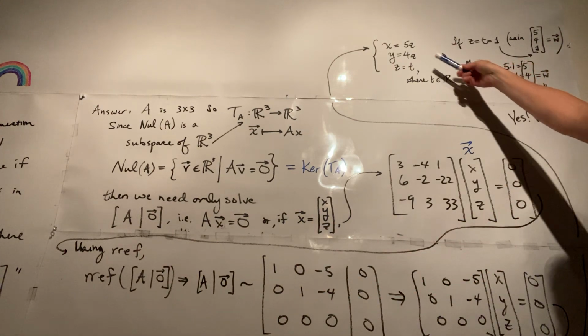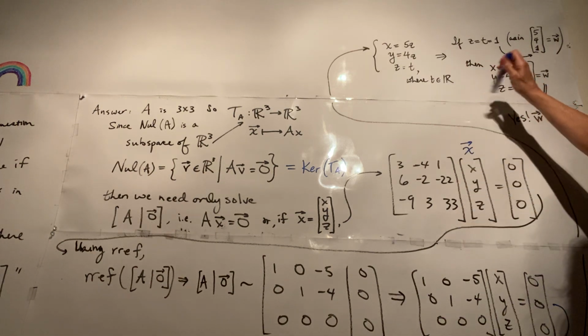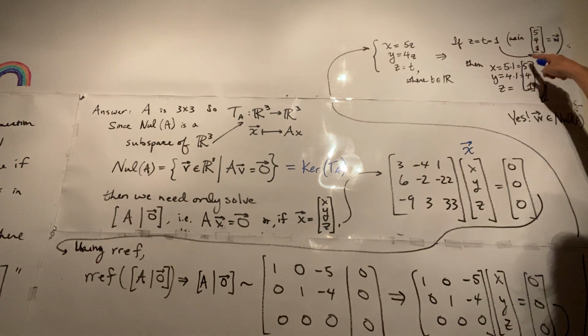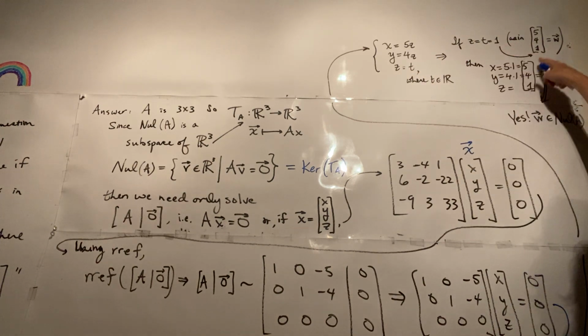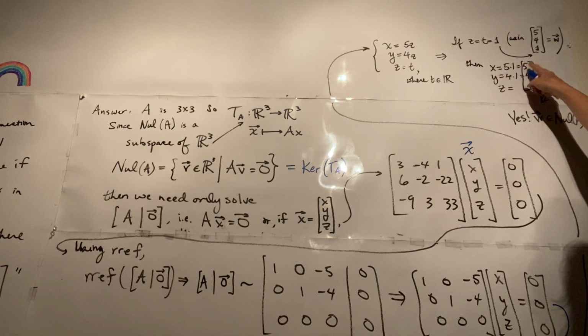Well, that means, can you write the solution to this system with a choice of T that gives you (5, 4, 1)? Z is going to be equal to T, so choose Z equal to 1. Then Y will equal 4 and X will equal 5.